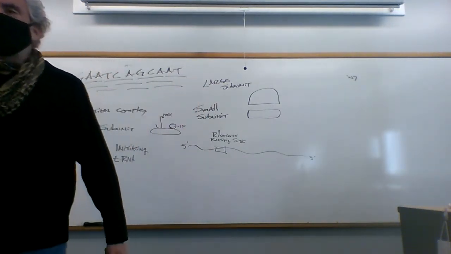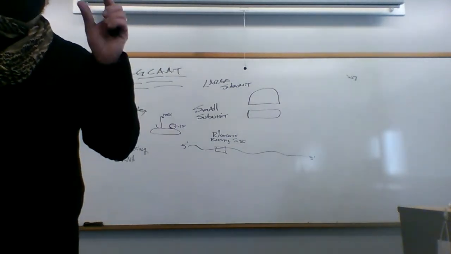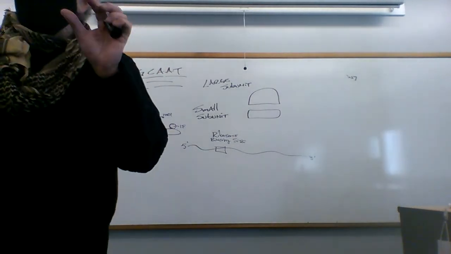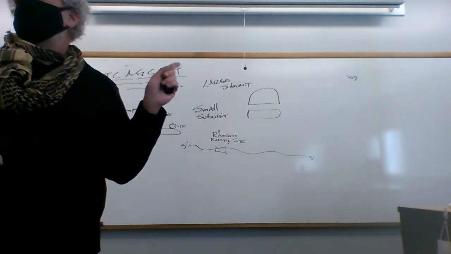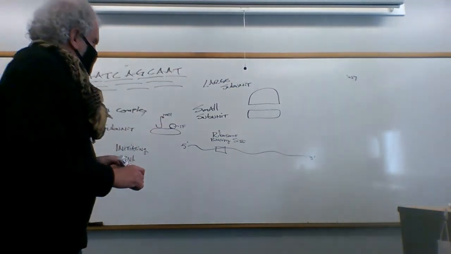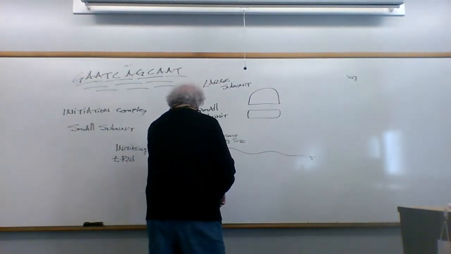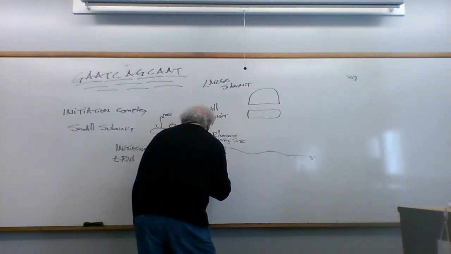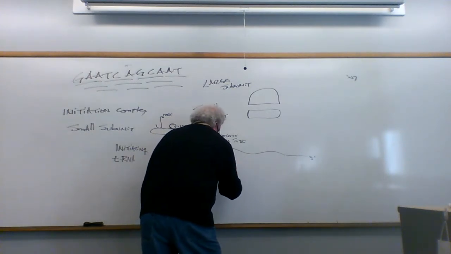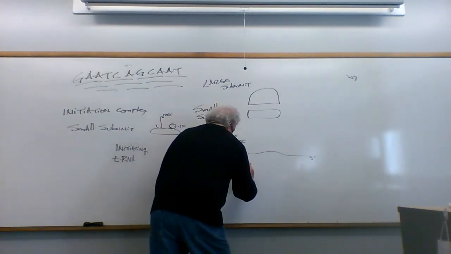And it turns out, this is sort of a nerd point, that the small subunit has a complementary sequence to this sequence. This sequence is also given the name of, I guess, the two dudes that discovered it. It is known as the Shine-Dalgarno sequence.